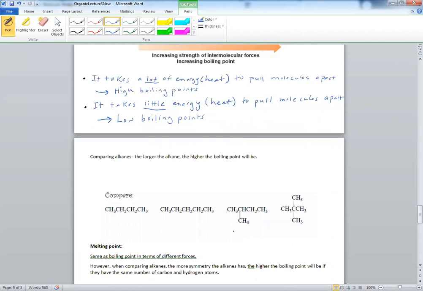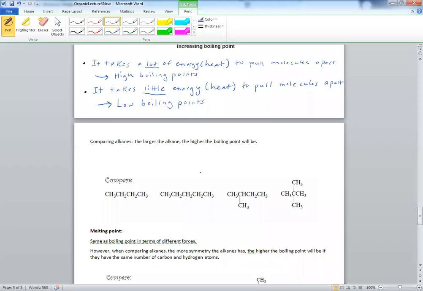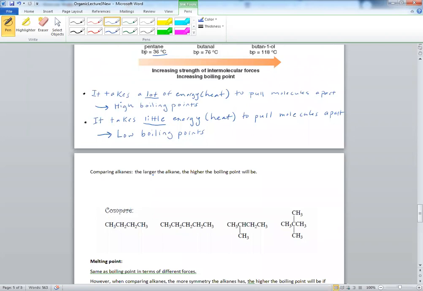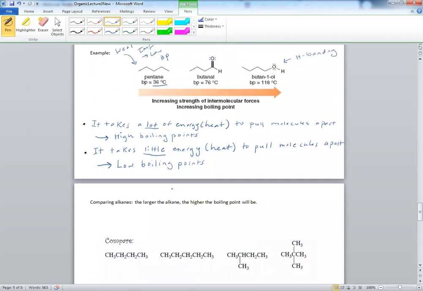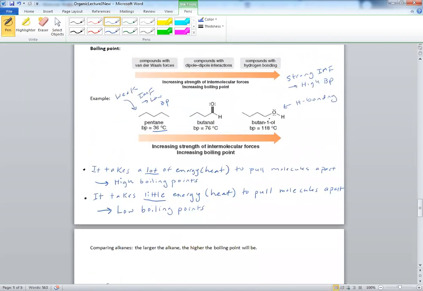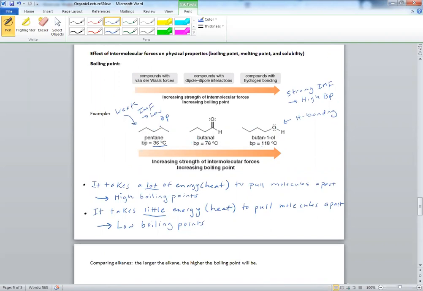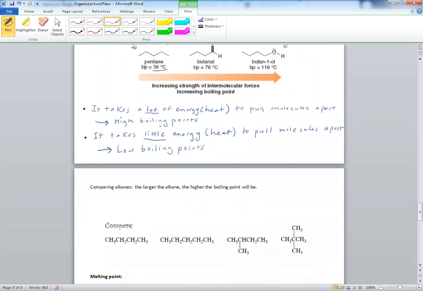So let's go down here and look at the different alkanes. Before we compare the alkanes, you're going to go with hydrogen bonding as your strongest. Then you have your dipole second, and the weakest is your van der Waals, which have the lowest boiling points.